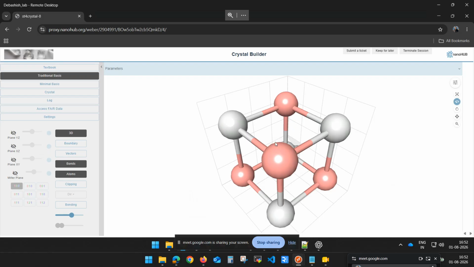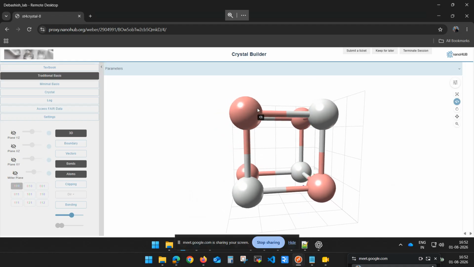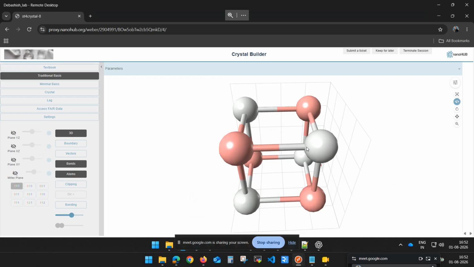So 8 into 1 by 8 will be 1, right? So for a simple cubic structure in a unit cell, how many atoms are there? There is only one atom. Okay. This is how we calculate it. And this distance, from this to this, is called what? Your lattice constant.